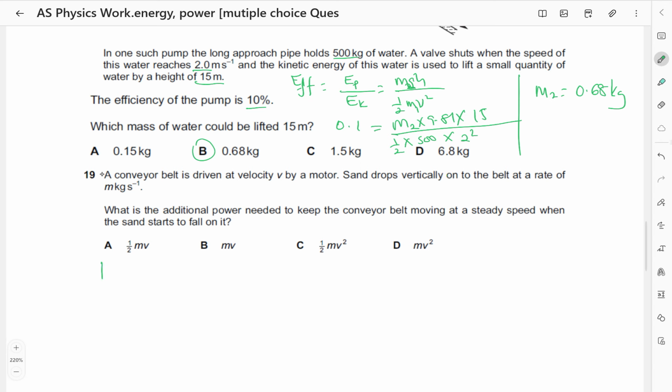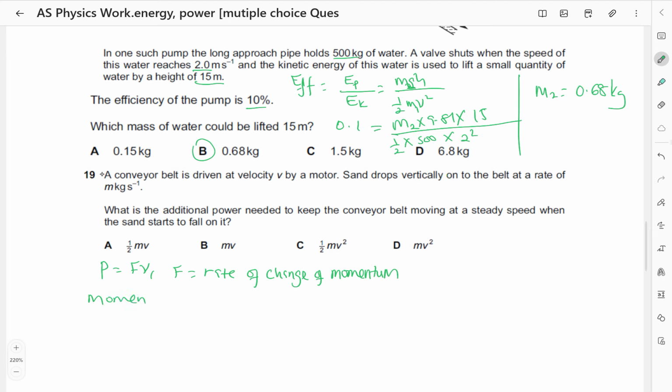So I want you to note, first of all, that power is equal to force times velocity. But remember, force is equal to the rate of change of momentum. And also note that momentum, don't confuse P for momentum and P for power this time.